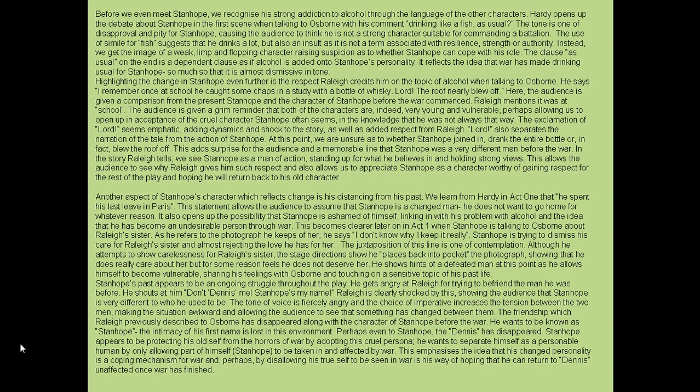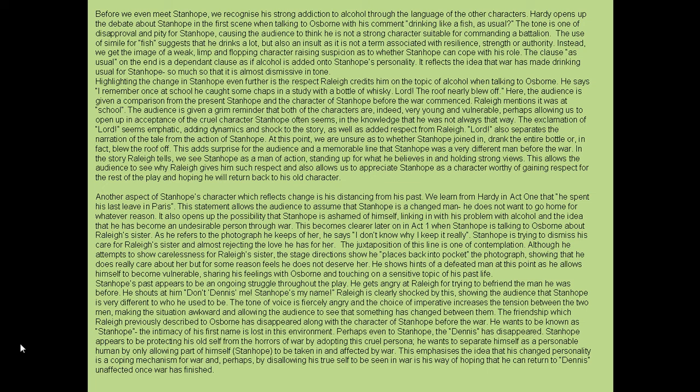Highlighting the change in Stanhope even further is the respect Raleigh credits him with on the topic of alcohol when talking to Osborne. He says, "I remember once at school he caught some chaps in study with a bottle of whiskey. Lord, the roof nearly blew off." Here the audience is given a comparison between the present Stanhope and the Stanhope before the war commenced. Raleigh mentioned it was at school. The audience is given a grim reminder that both of the characters are indeed very young and vulnerable, perhaps allowing us to accept the cruel character Stanhope often seems, in the knowledge that he is not always that way.